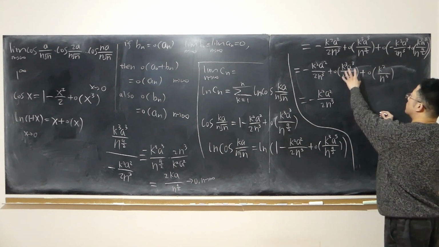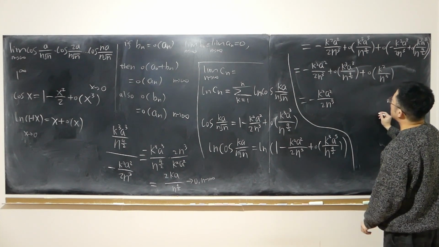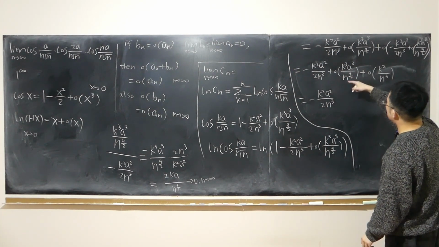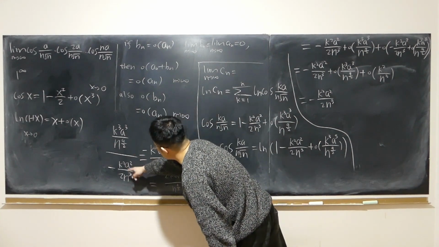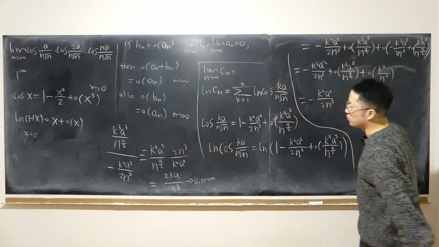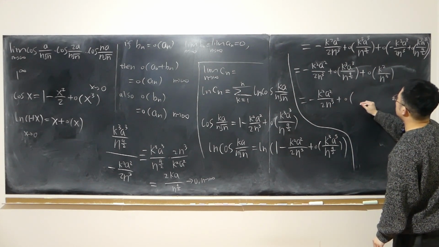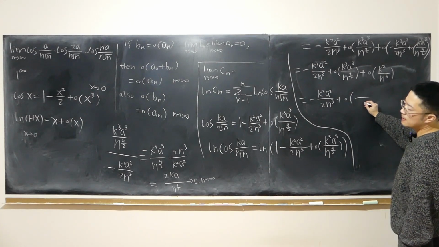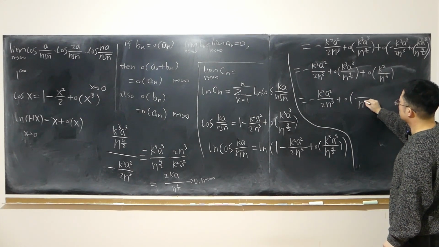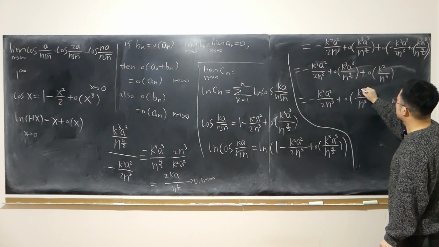So I'm going to replace this faster guy with a slower guy. Like I said, this is faster than that guy, approaching 0. Little o of the slower guy. I don't need the constant.